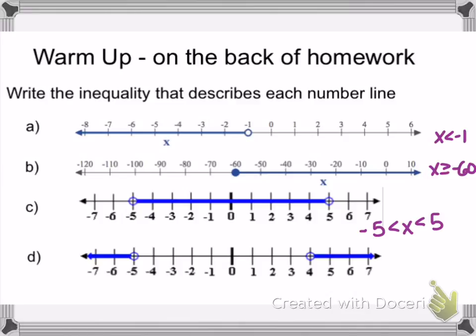And because we're writing two separate ones, it becomes like the problem in letter A and the problem in letter B. No problem. So the inequality I write for the left side is x has to be less than -5, or the inequality for the right side is x is greater than 4. And so I have this inequality for this side, and this inequality for this side, and we'll practice that more today.